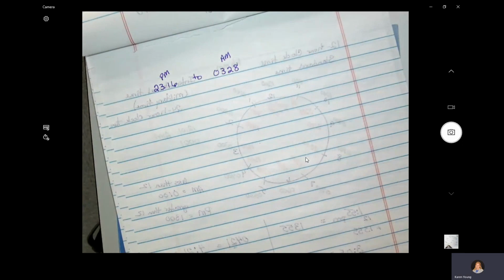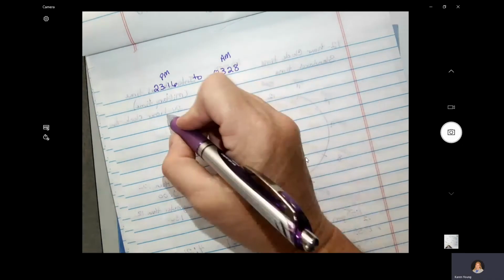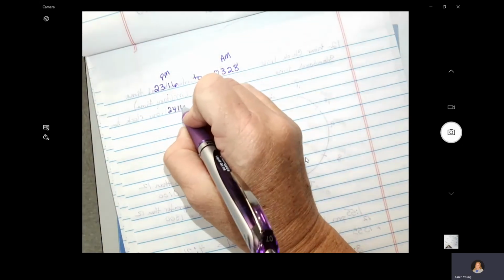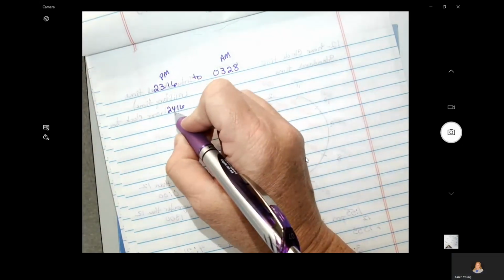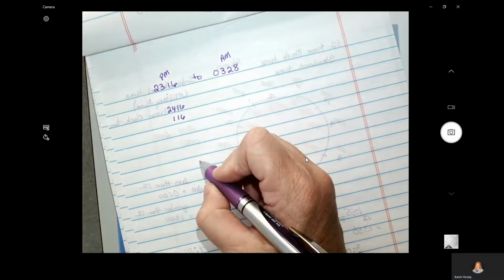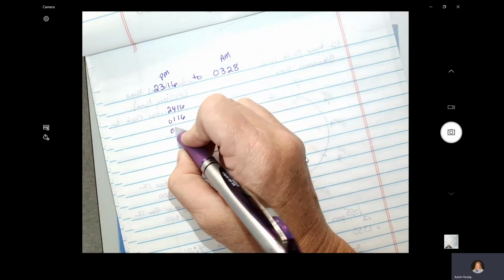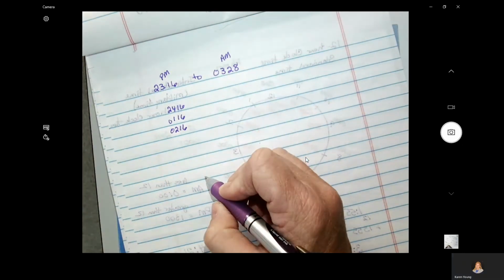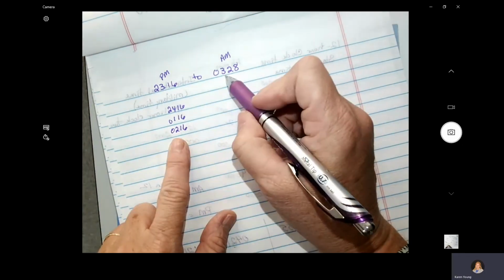I'm going past midnight, so I have to count this out. It's 23:16, so in 1 hour, it's going to be 24:16. That's midnight. Then my next hour is 1:16, and then I've got 2:16. And then I have to look, okay, this is 3:28.